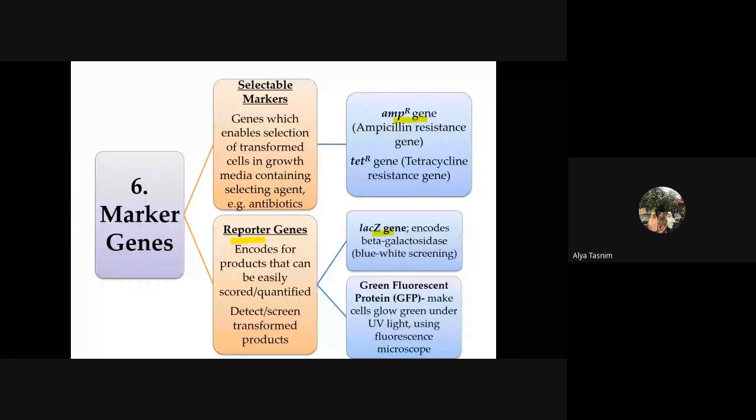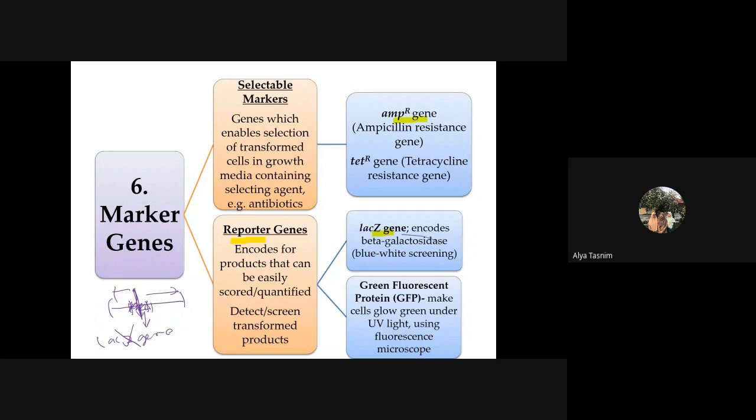Tapi bila awak cut, okay, so this is like Z gene. So inside the like Z gene you have the restriction site. So when you cut the gene at the restriction site here, now the like Z gene cannot function. It is not functional anymore. It cannot produce the enzyme beta-galactosidase.